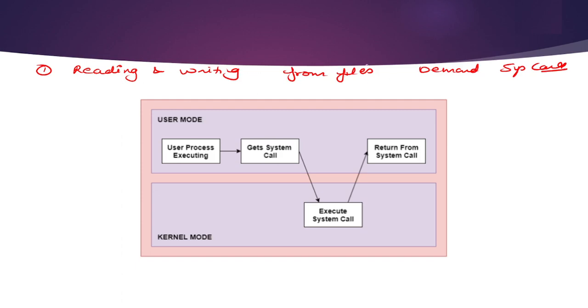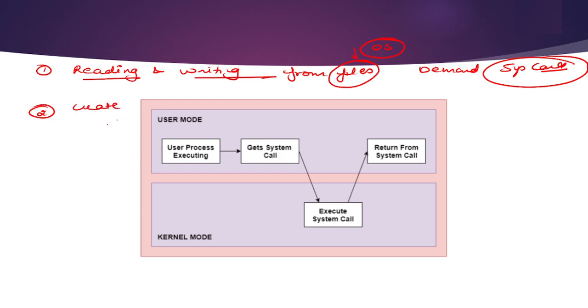Whenever a process wants to read or write any file in the operating system, it always demands a system call. The second advantage is that if a file system wants to create or delete files, it always requires system calls.